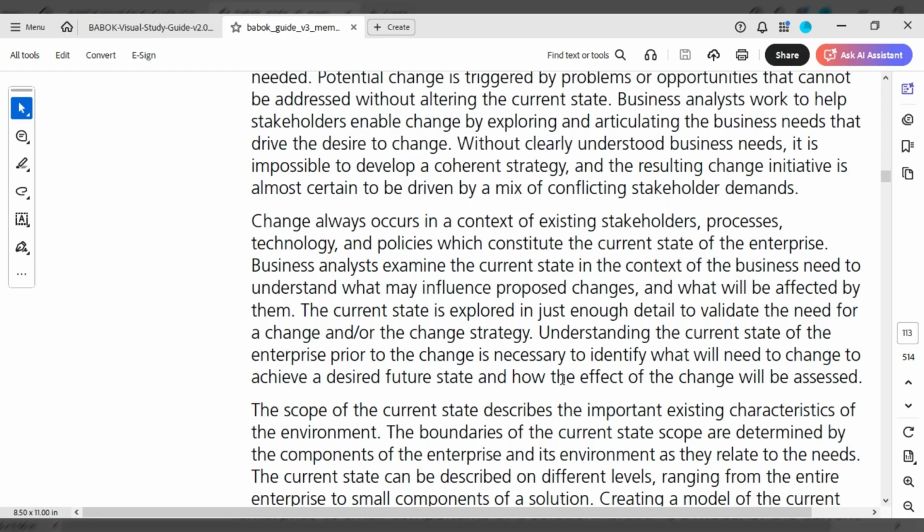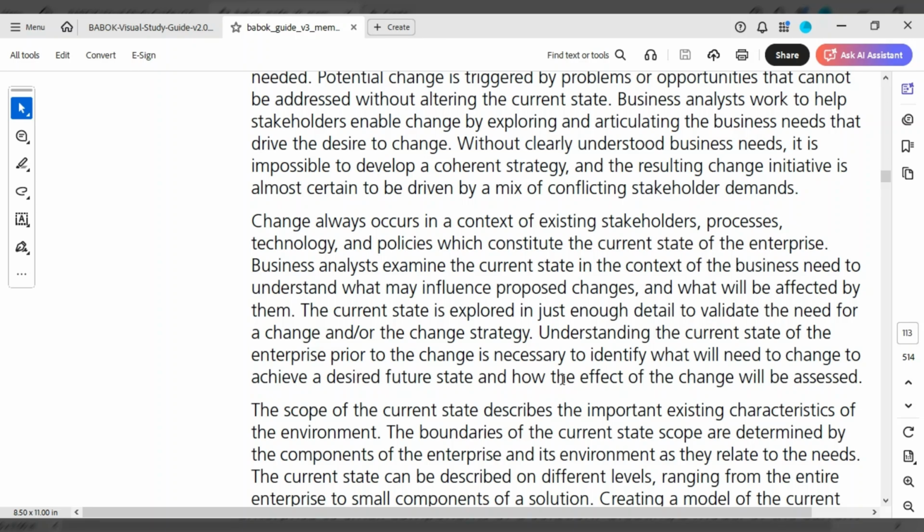This current state is explored in just enough detail to validate the need for a change and/or to change strategy. So you are looking at their current state to determine if they actually need this change, and also to recommend a change strategy.